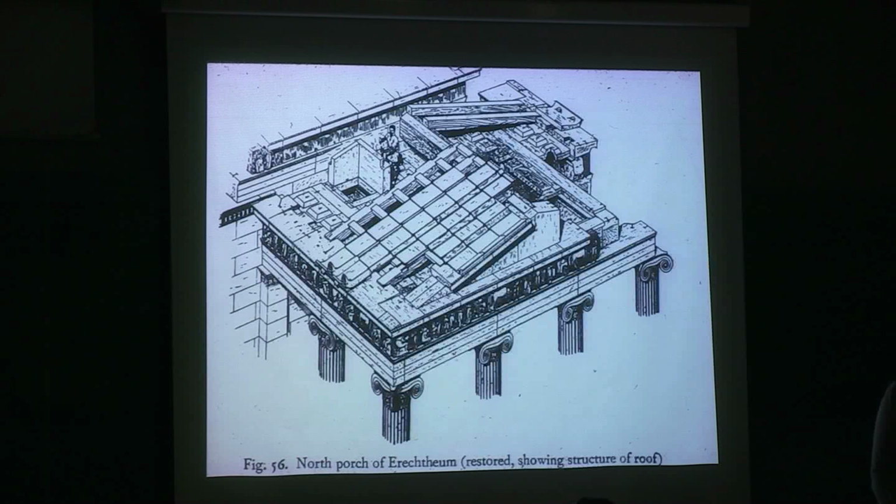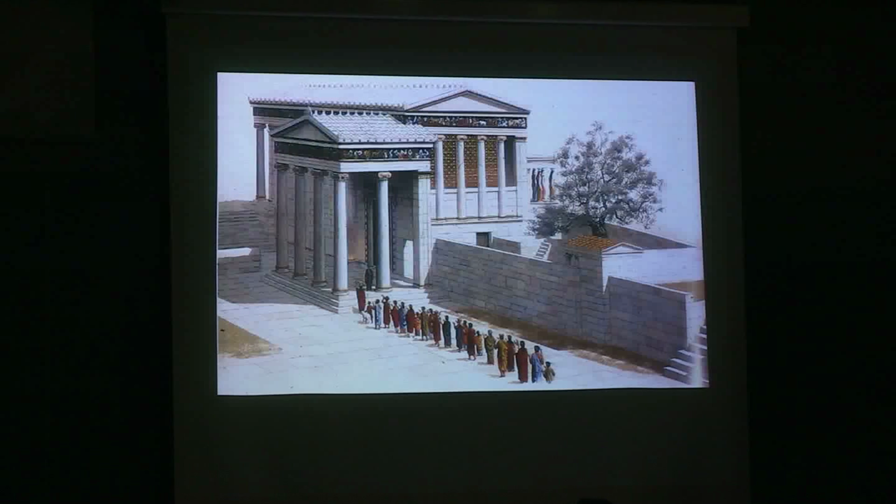So in every sense, you can see that the architect on the Acropolis of Athens is trying to surmount difficulties which arise from conventions. And these conventions are broken when the necessity dictates it.